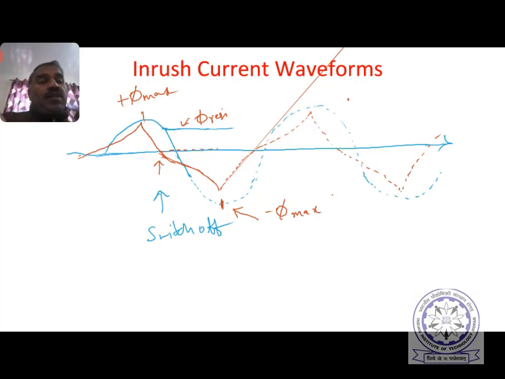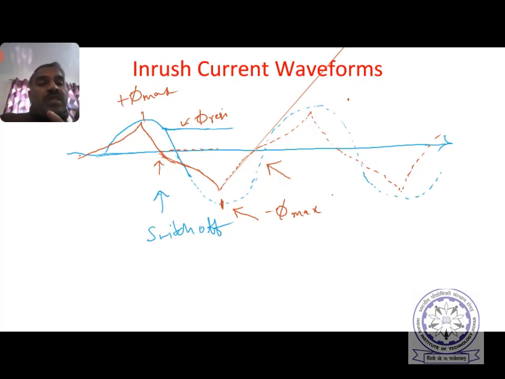Then the flux has to follow this kind of slope in order to follow the voltage, because voltage is sinusoidally changing.